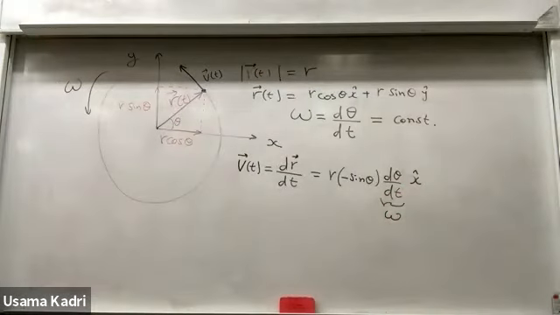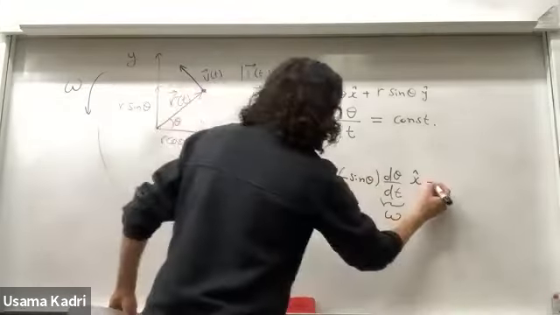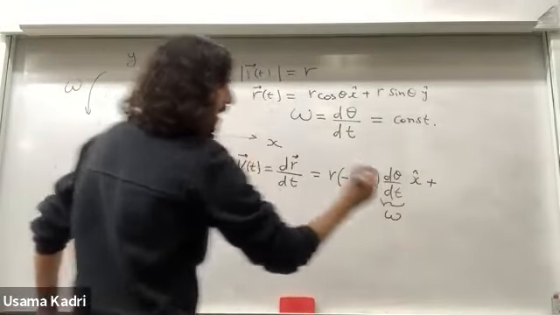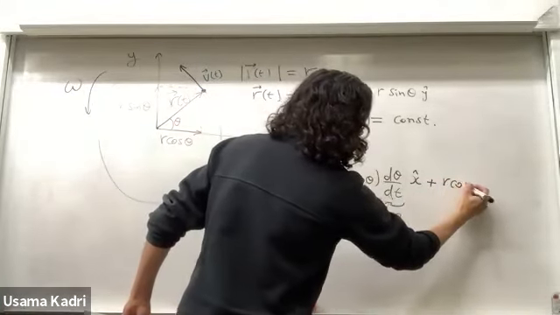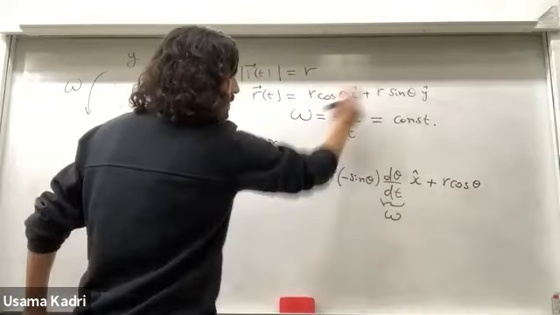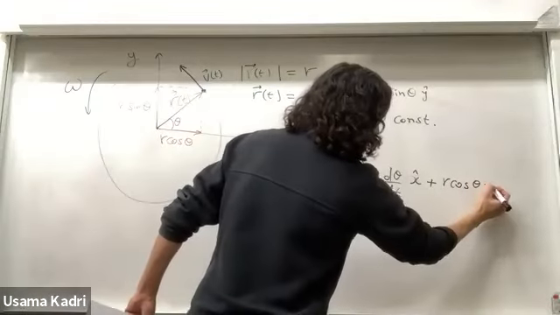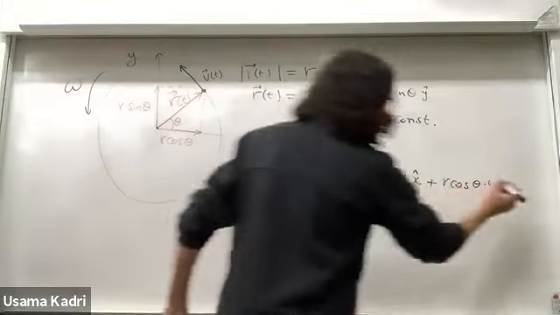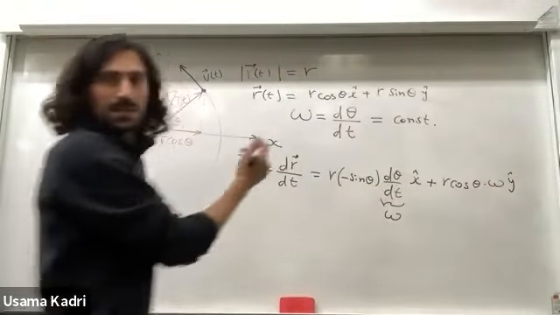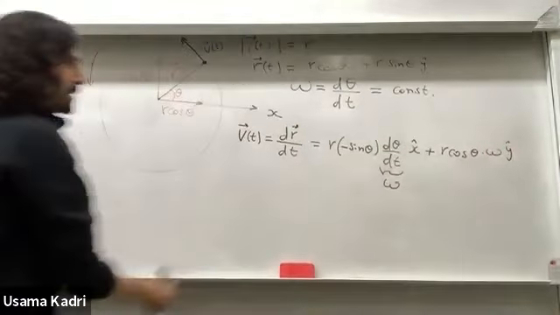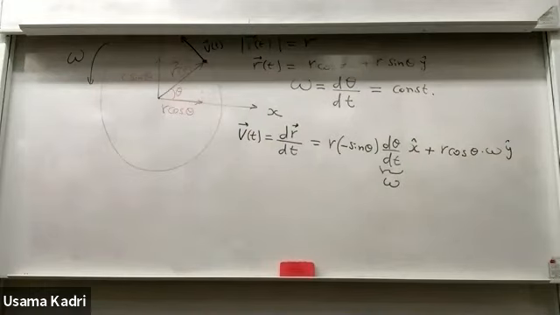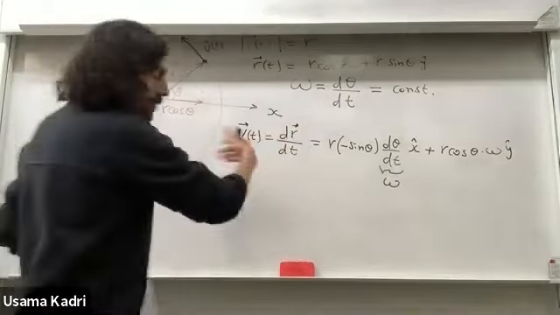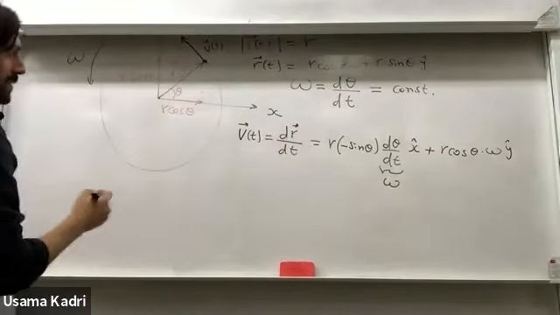I do the same thing in the y direction. Plus r cosine theta times, I'm going to write now omega, because it's d theta dt. And this is in the y direction. What we do next, maybe before we do that, let's make some order here, and then we have to take the second derivative.